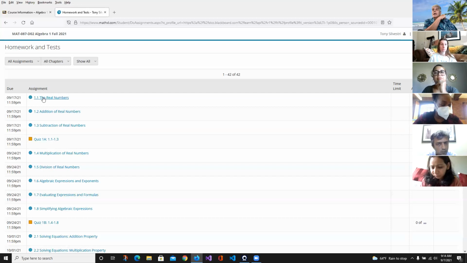But you should get everything done by this 9/17. Now, these are not hard and fast due dates. They're suggested due dates. If you don't get these things done by the 17th, the suggested due date, then you should consider yourself maybe falling behind, and you don't want to do that.